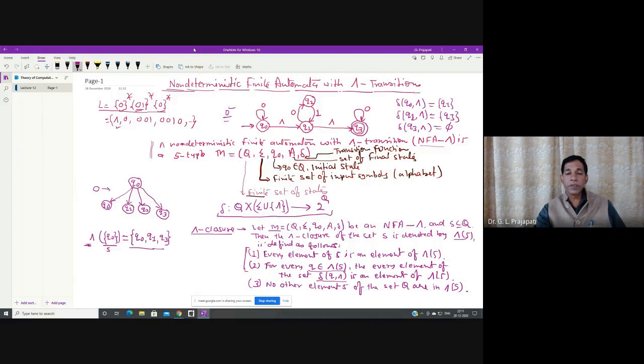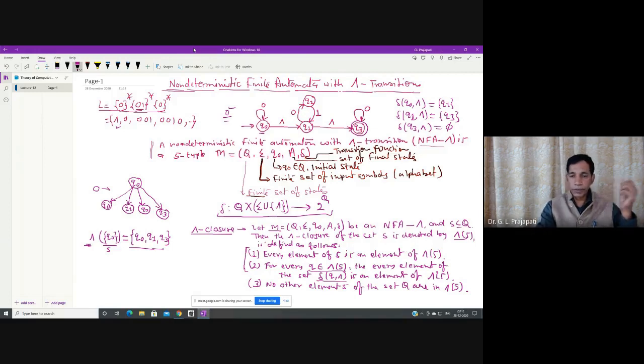Even if you are not going to consume input, since you have the null transition, your machine can go to Q1. Once at Q1, your machine can also go to Q3. So whenever you are at state Q0, without reading any input, you can be at Q0, or Q1, or Q3.